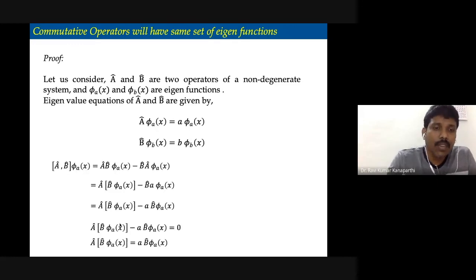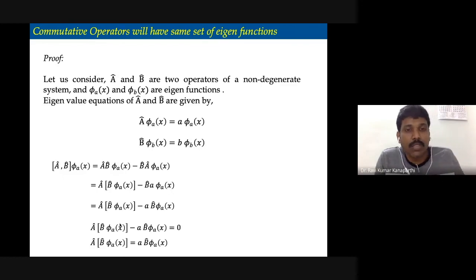Now, commuting operators will have the same set of eigenfunctions. So what if they are commuting? Let us evaluate the commutator of AB multiplied by phi A of x.